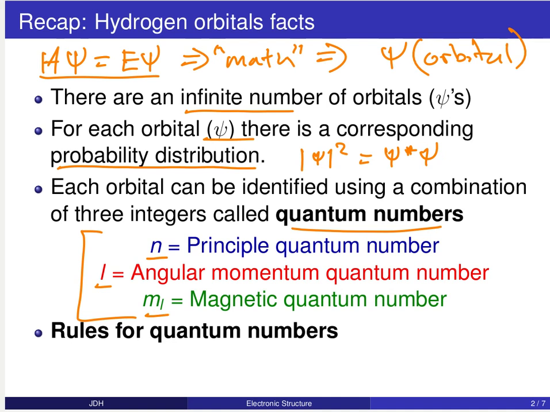Now, as promised, we are going to basically completely ignore the mathematical details associated with these wave functions psi. We're going to instead focus in on the relationships between these quantum numbers and be able to describe an efficient way for referencing all of these different wave function solutions.